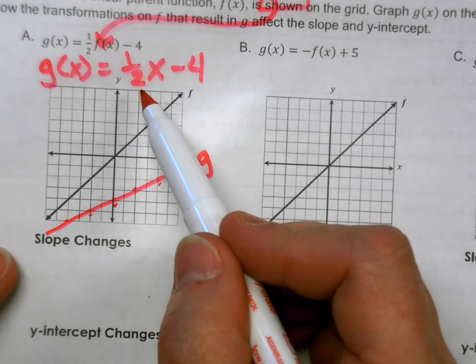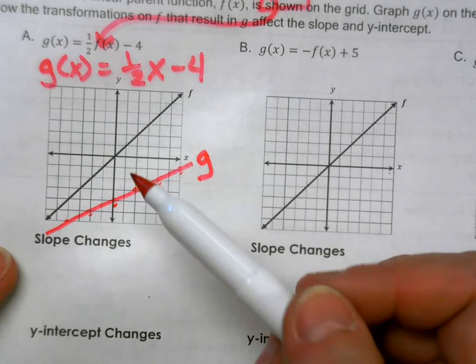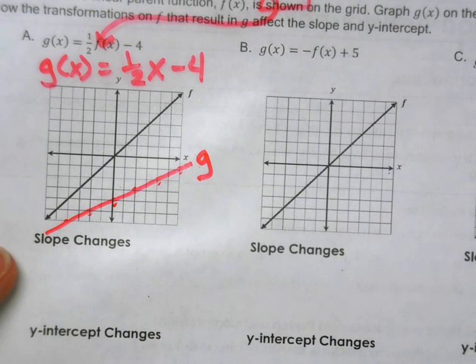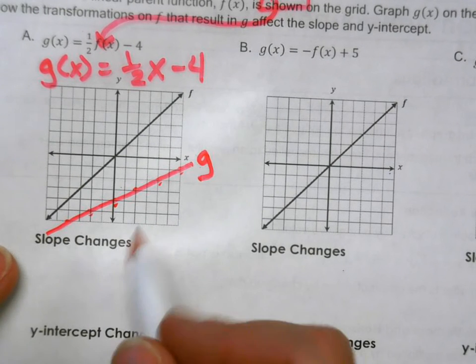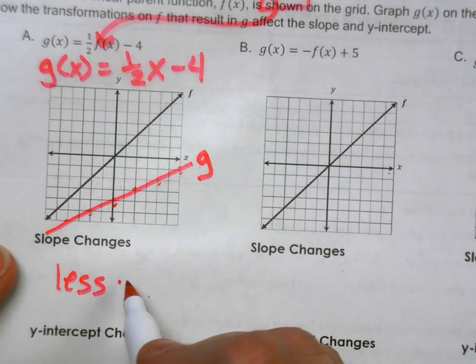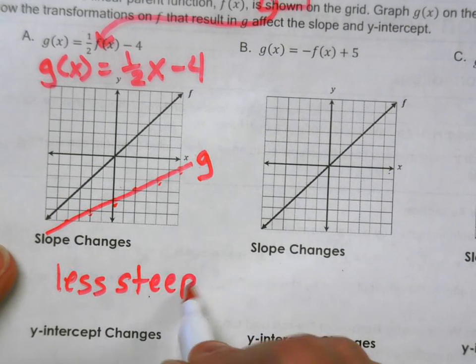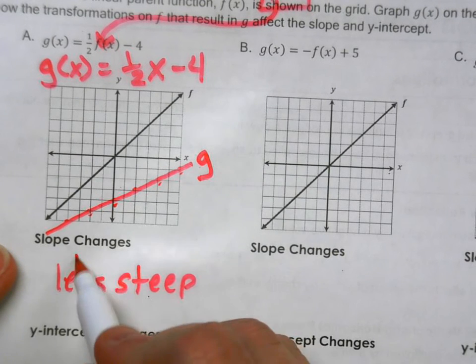And is 1/2 steeper or less steep than 1? Because in my original, the slope was 1. Less steep, right? 1/2 is less than 1. So it's going to be less steep. Was there reflection? No reflection.